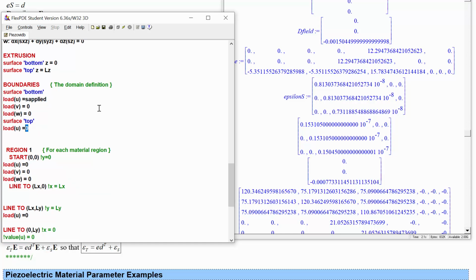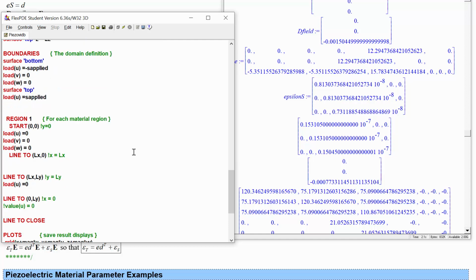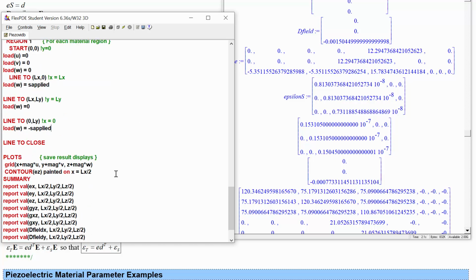And on the top, I guess we'll do negative there, and then S applied there. And then on the X surfaces, we'll say load of W is equal to S applied. And then over here, load of W is equal to negative S applied.